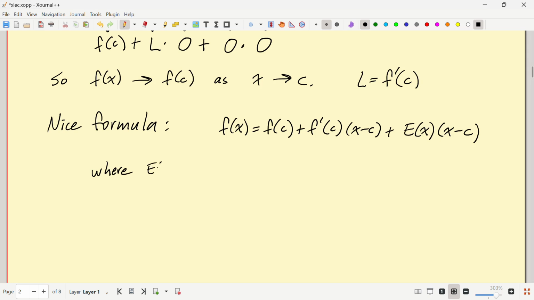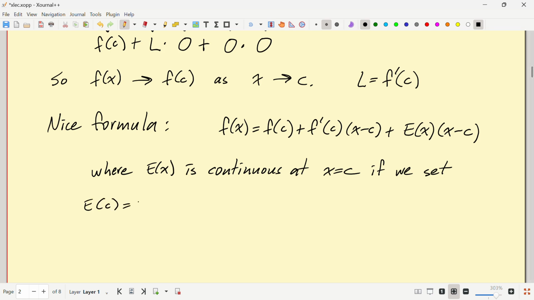Where E of x is continuous at x equals c, if we write E of c equals 0.